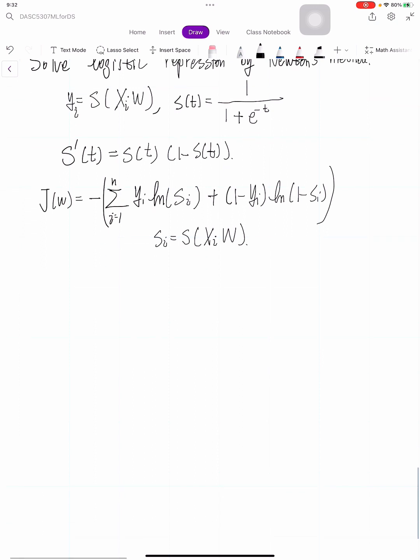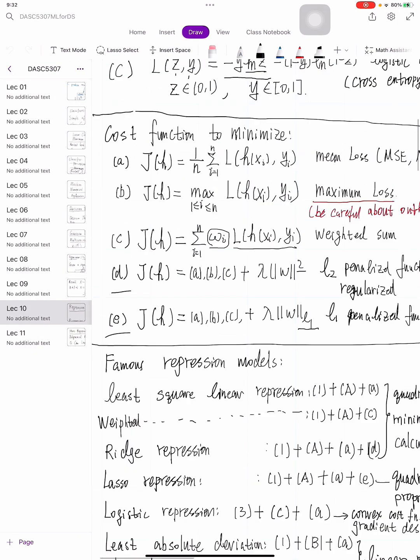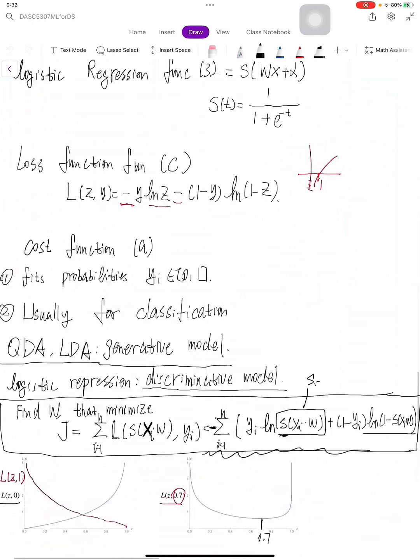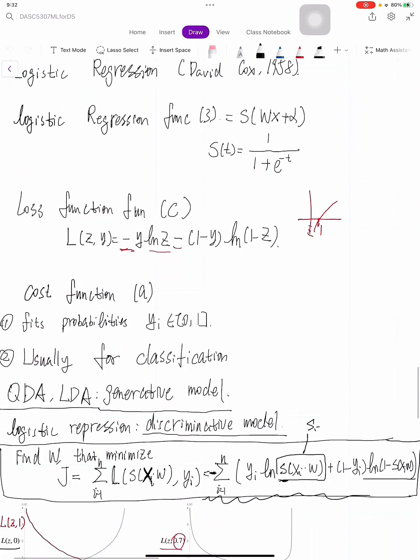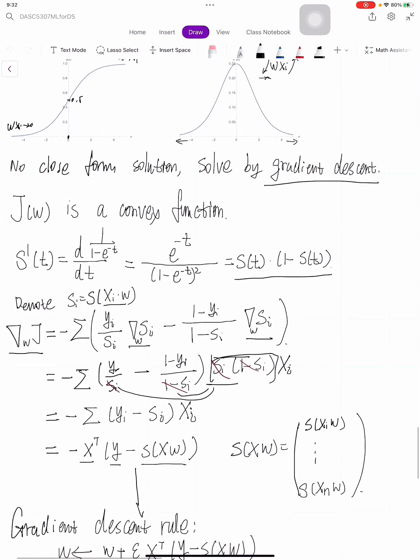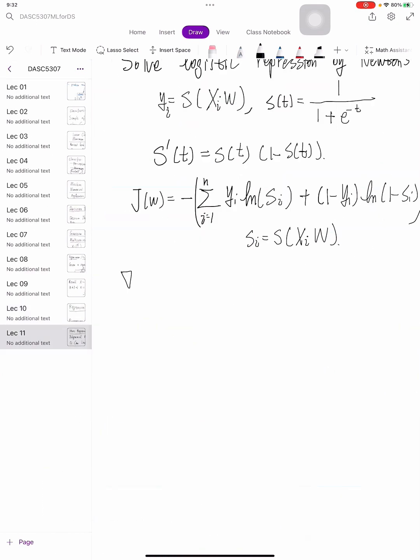Okay, and in last class we talked about how to find the gradient, right? Last class we derived the gradient descent algorithm for logistic regression. This is the cost function, and this is the gradient. So we just use the same formula.